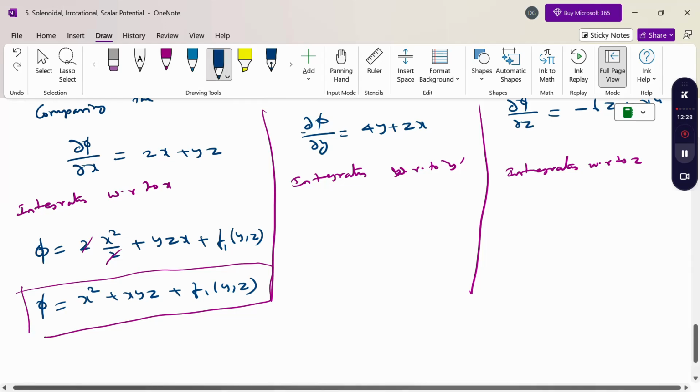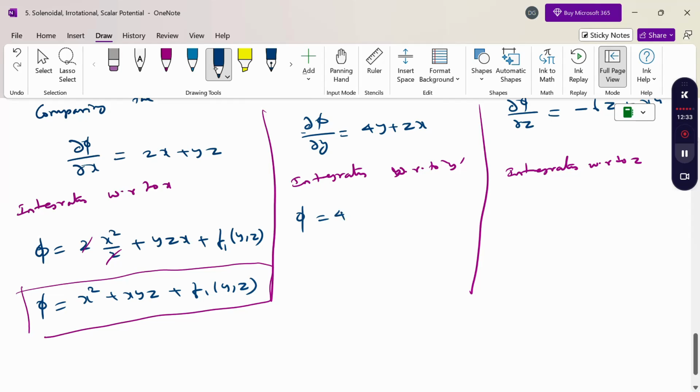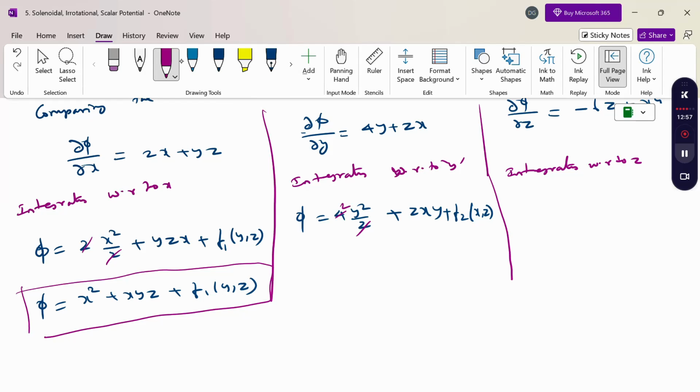And then integrating with respect to y, phi equals 4y square by 2 plus zxy plus f2 of x comma z. Now cancel the two terms: phi equals 2y square plus xyz plus f2 of x comma z.